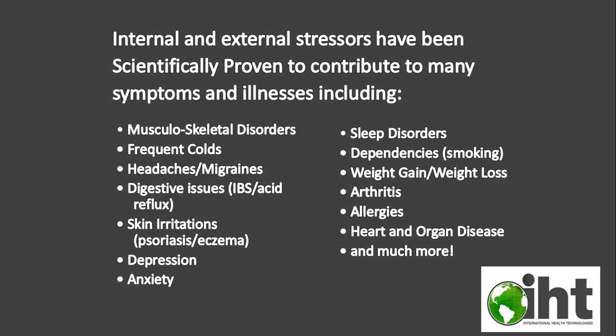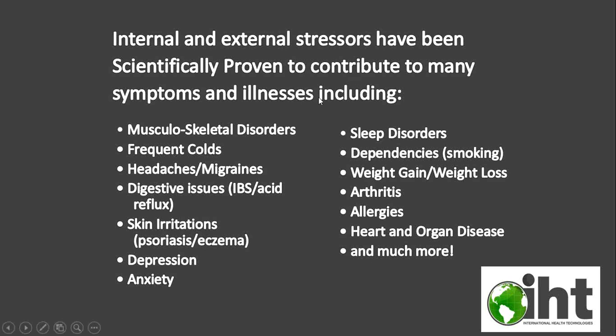Internal and external stressors have been scientifically proven to contribute to many symptoms and illnesses, including musculoskeletal disorders, frequent colds, headaches and migraines, digestive issues such as IBS and acid reflux, skin irritations such as psoriasis and eczema, depression, anxiety, sleep disorders, dependencies such as smoking, weight gain or weight loss, arthritis, allergies, heart and organ disease, and much, much more.